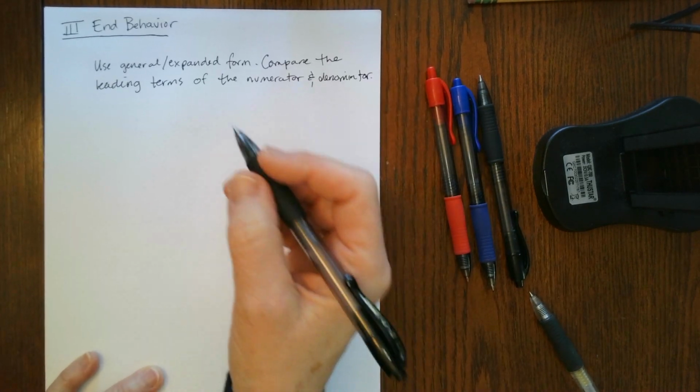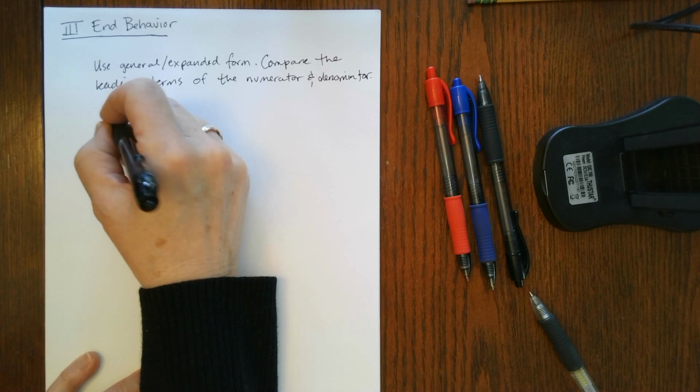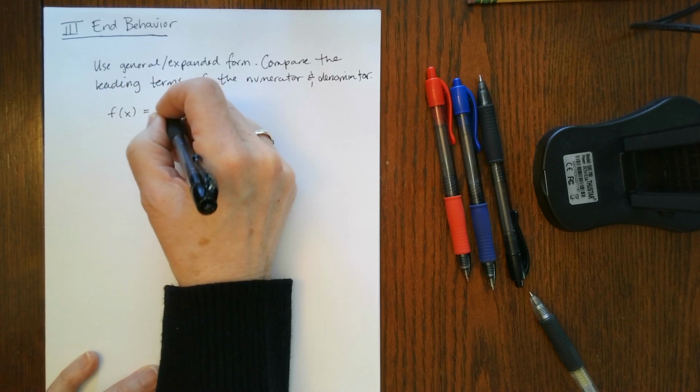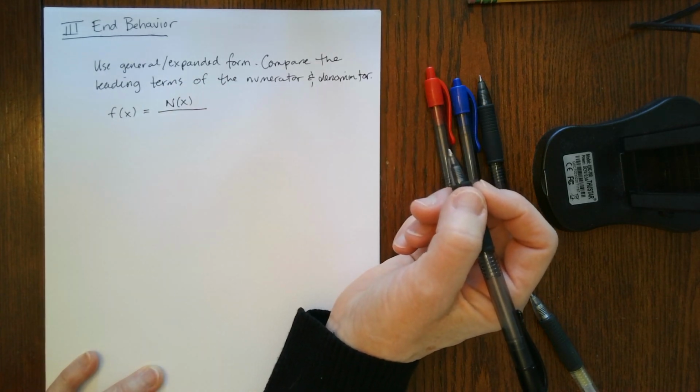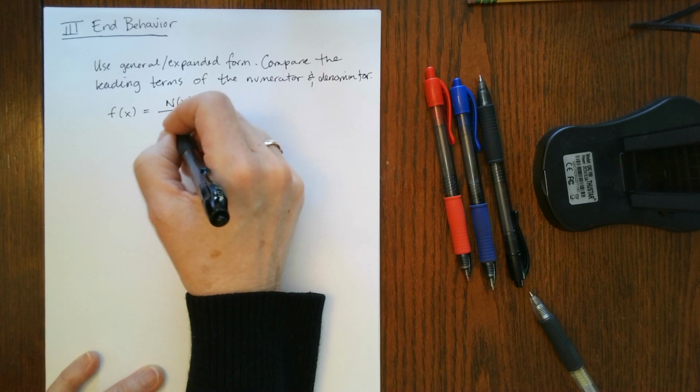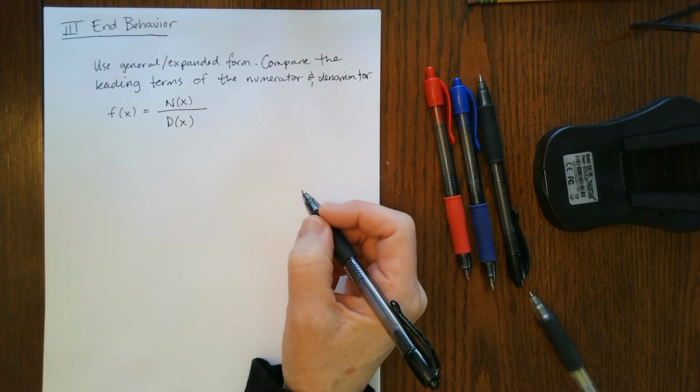Okay, so suppose that you have a rational function f of x, and we have in the numerator one polynomial n(x), and then in the denominator we have another polynomial d(x).